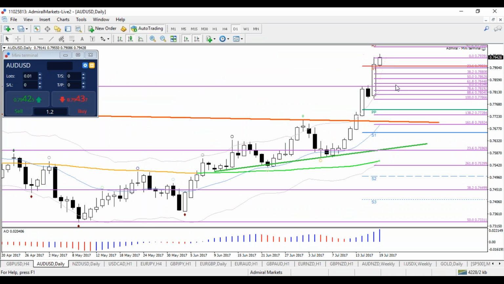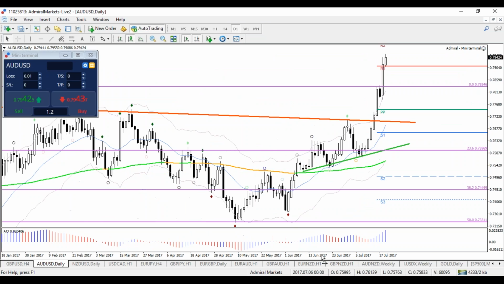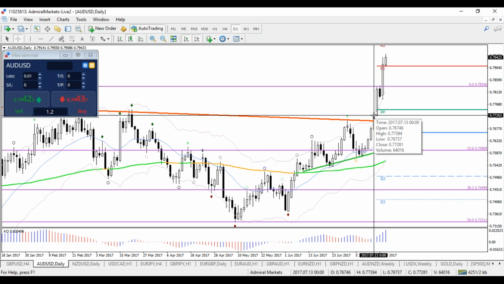So we talked about bounces at Admiral Keltner two weeks ago. Now looking for breakouts. When looking at this daily chart, let me close this mini terminal for a second. When looking for breakouts, we had a breakout candle right here.